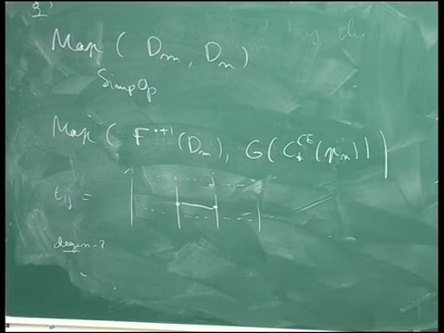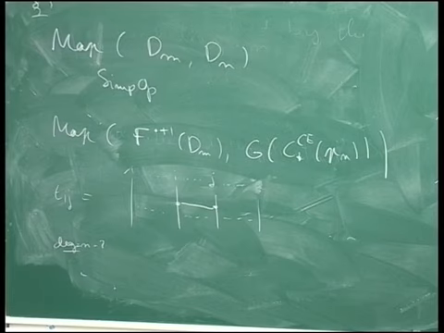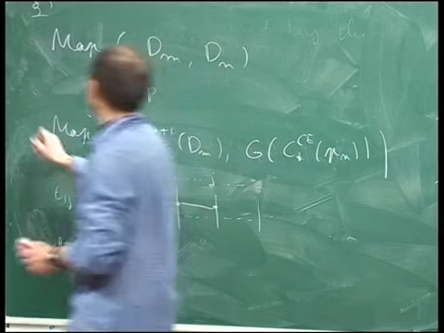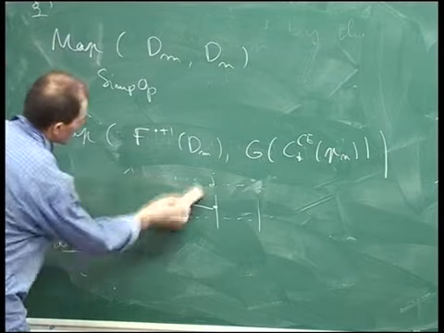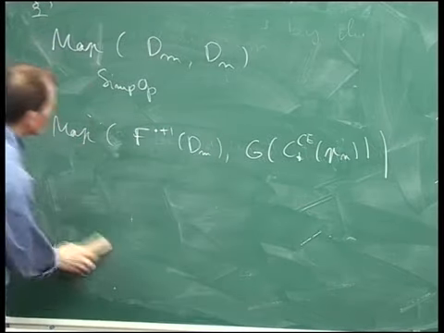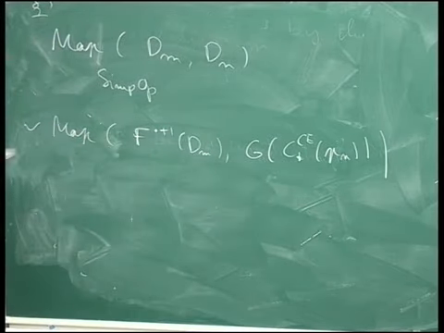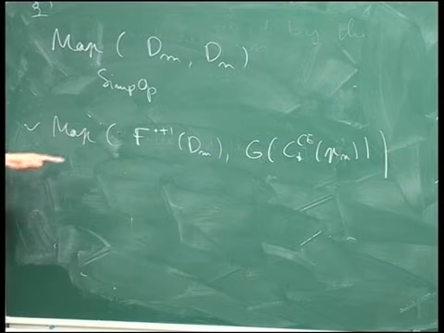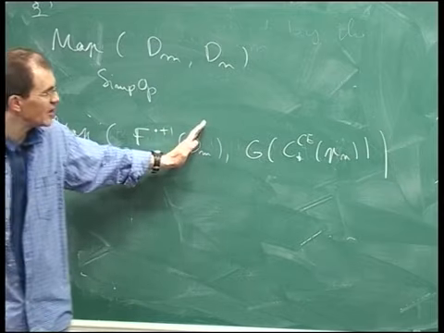Okay? And so I get this object. So the plan is to compute the connected components of this space to get the homotopy classes of maps from D_m to D_n.